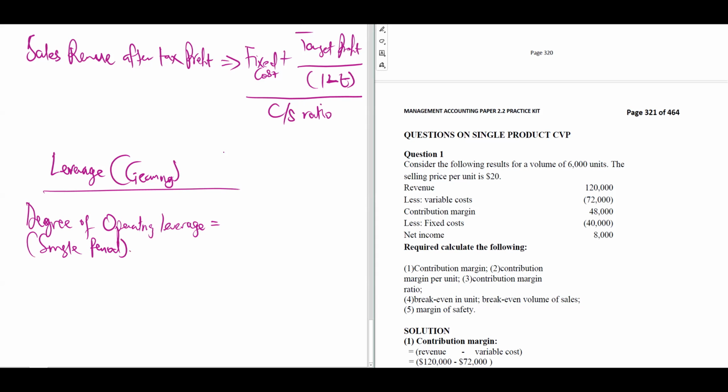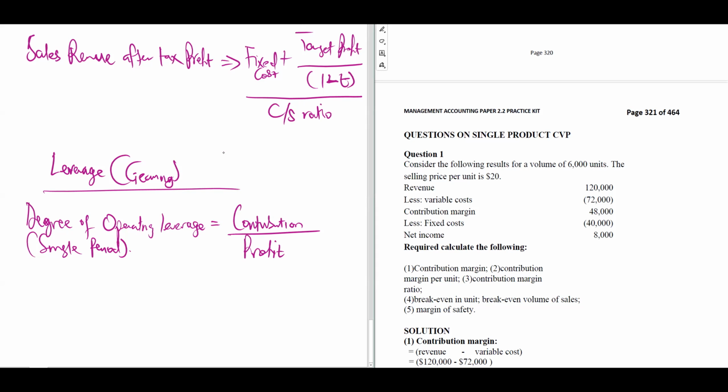So you are saying that your degree of operating leverage can be given as your contribution over your profit. And this tells you how profitable your product is, okay? It can also be given as contribution over fixed cost.